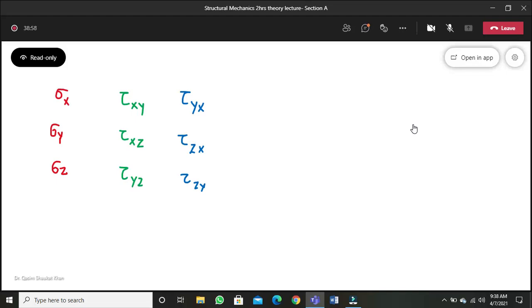Okay, let me clear this. Your question: when both the subscripts are the same, it is a normal stress, not a shear stress.